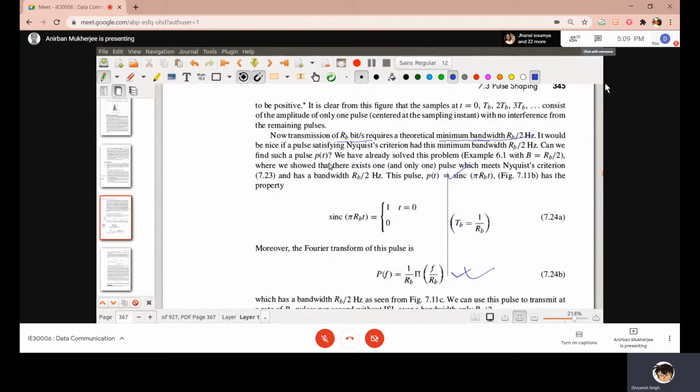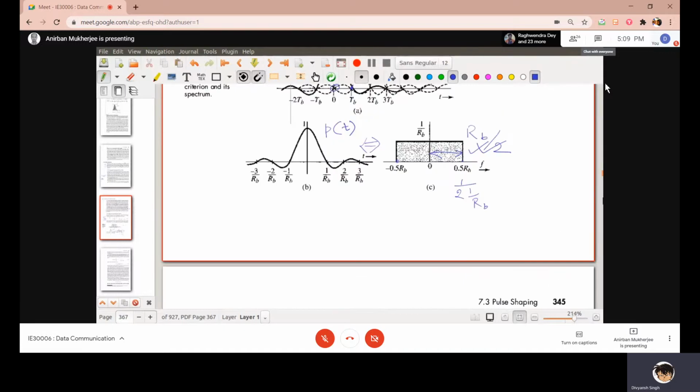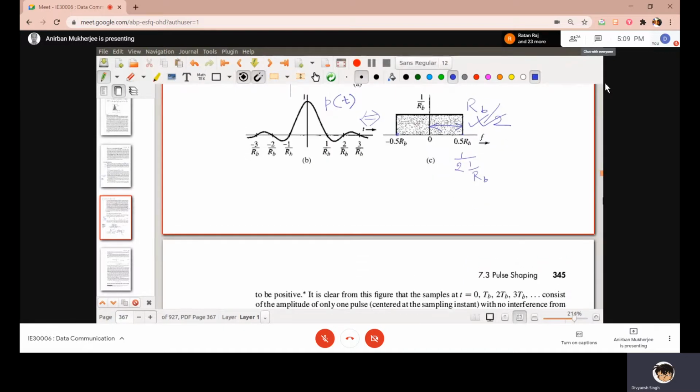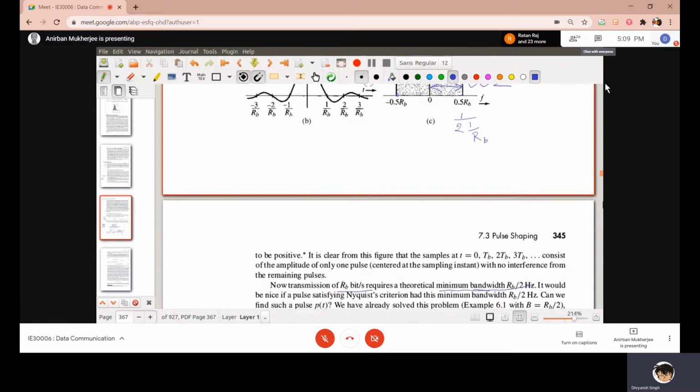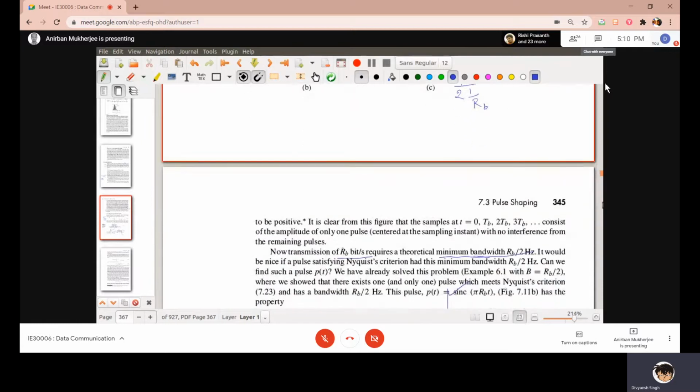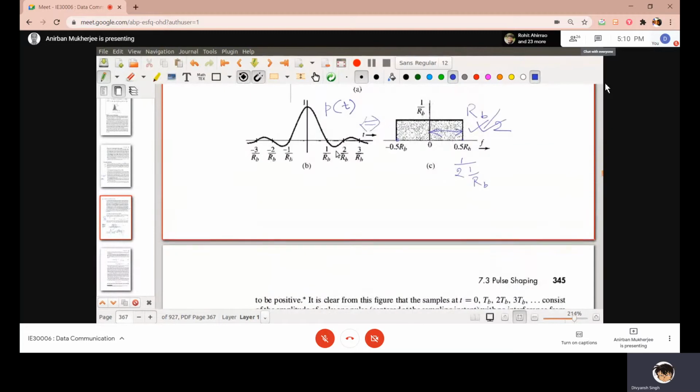Now, the only pulse satisfying the Nyquist criteria and also having minimum bandwidth is basically the sinc. My point is that the minimum bandwidth is RB by 2, you are sending RB bits per second, and you also have to maintain the Nyquist criteria, that there should be zero crossings at 1 by RB, 2 by RB, 3 by RB.